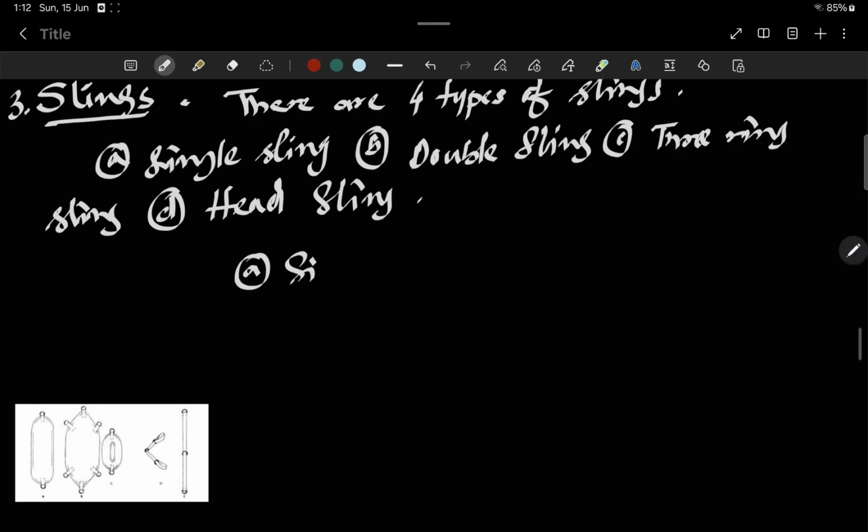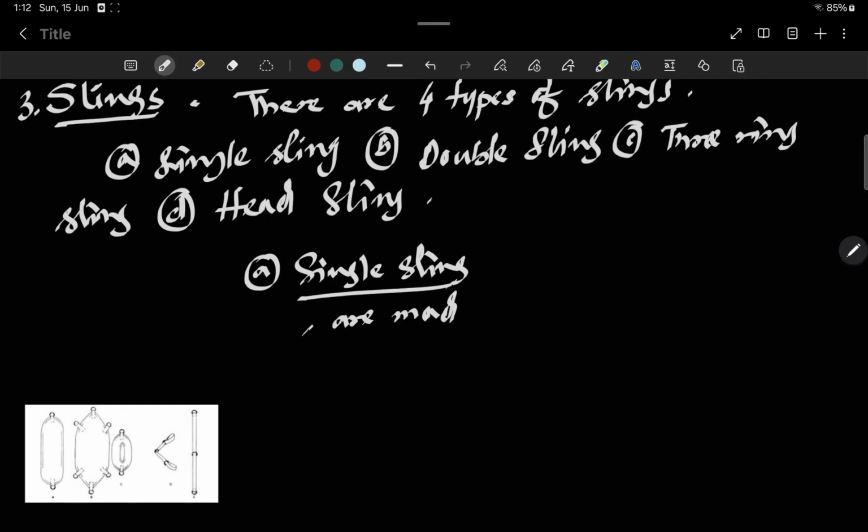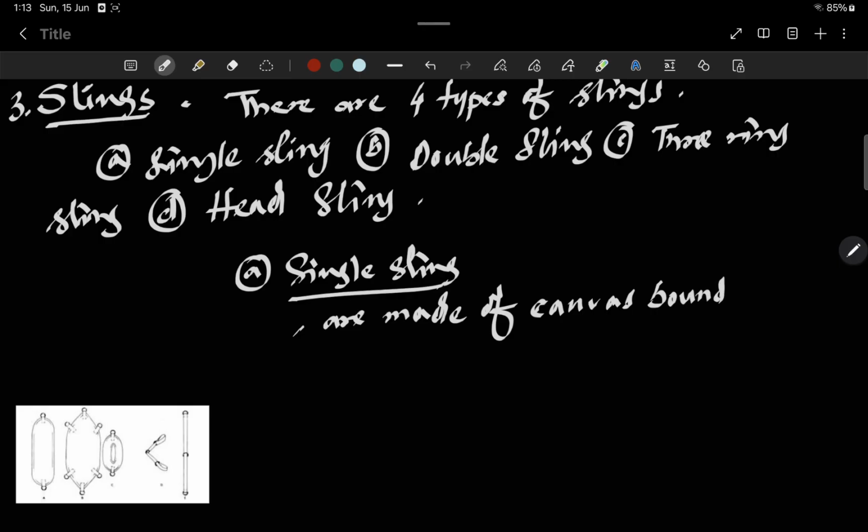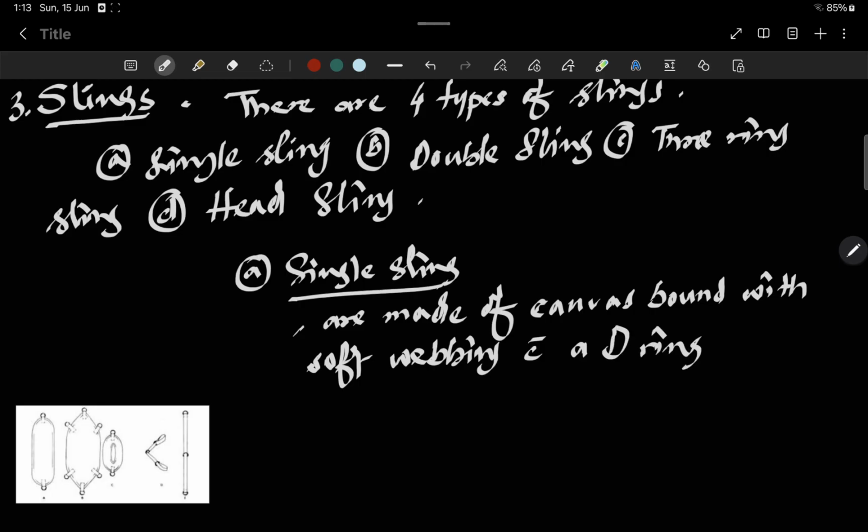number 1, single sling, are made of canvas bound with soft webbing with a D ring at each end.